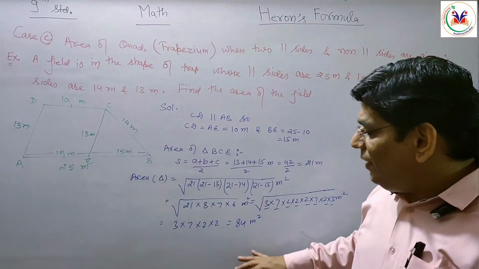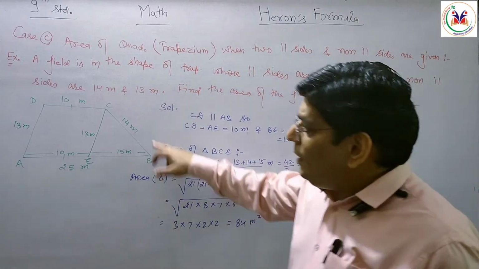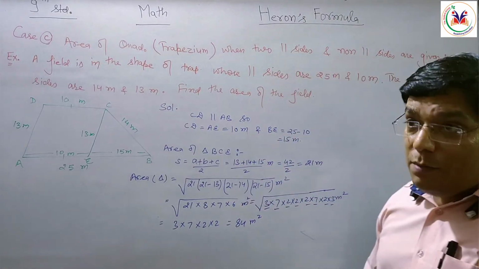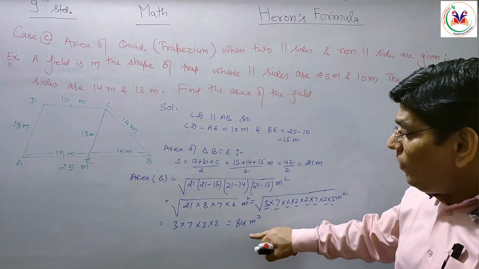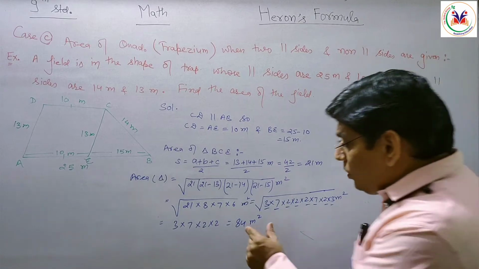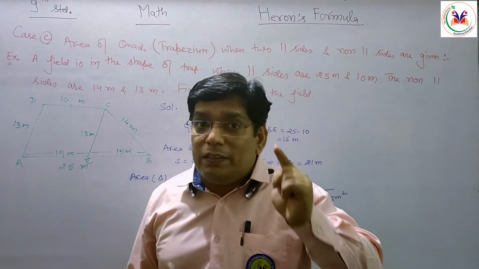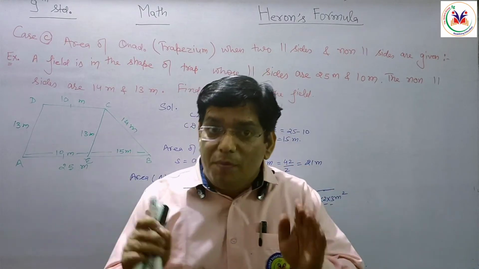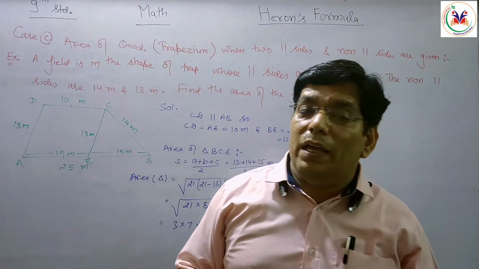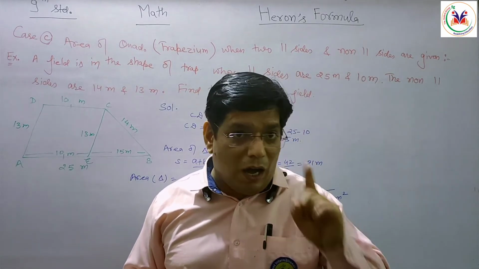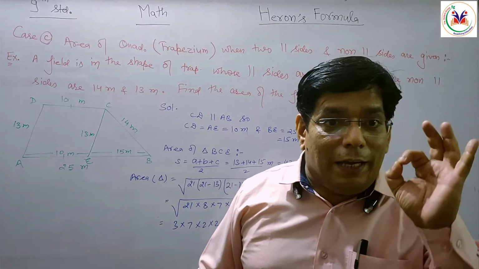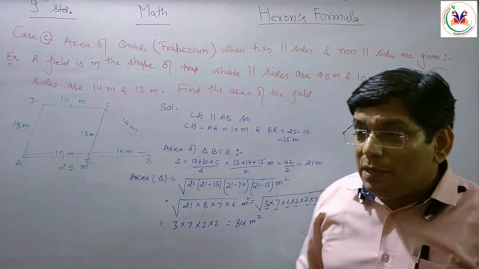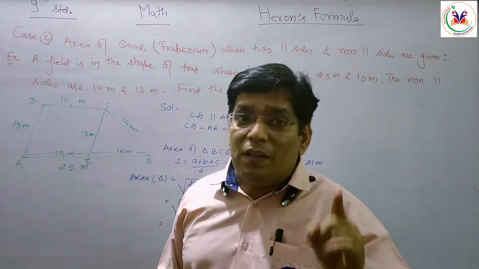Now after getting the area of triangle BCE, we should follow a specific method that is very important. If you have calculated the area of the triangle, now using the area of the triangle we should calculate the height, because whenever we go for the area of a trapezium, जब हमें area of trapezium calculate करना होता है तो वो area of trapezium होगा half sum of parallel sides into height. मैं repeat कर रहा हूँ, whenever we are going to calculate the area of a trapezium, then the area of the trapezium must be half sum of parallel sides.